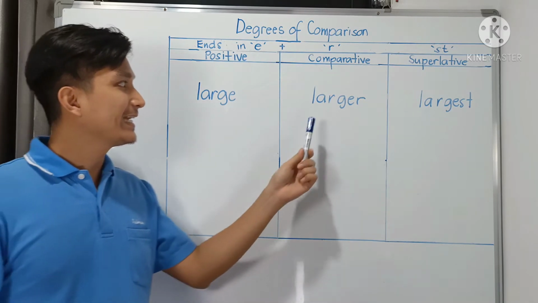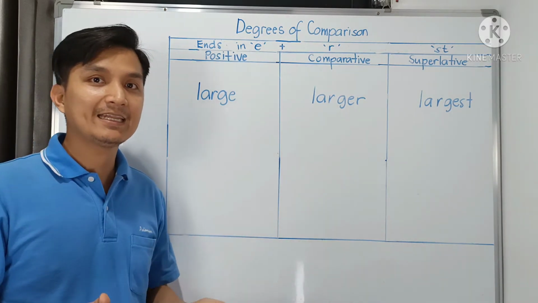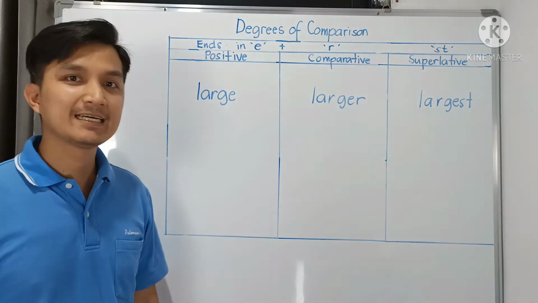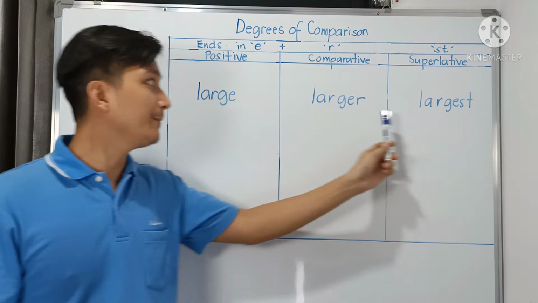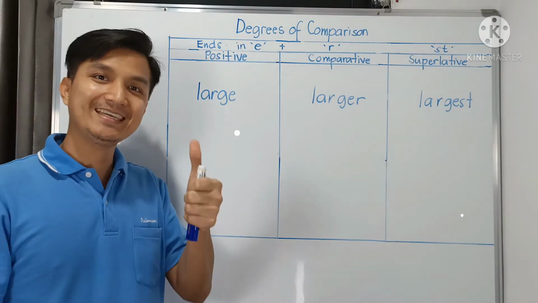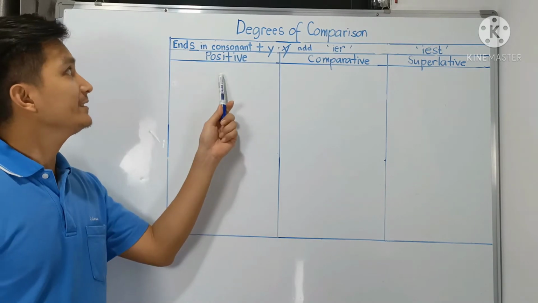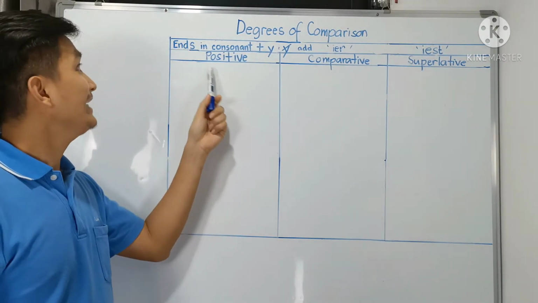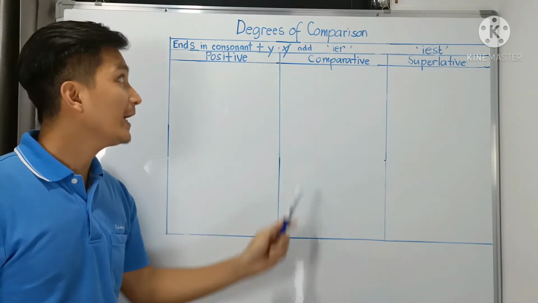However, Canada is larger than Thailand. But Russia is the largest of them all. Easy?